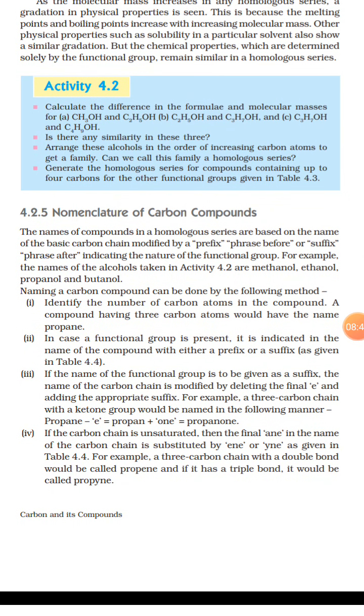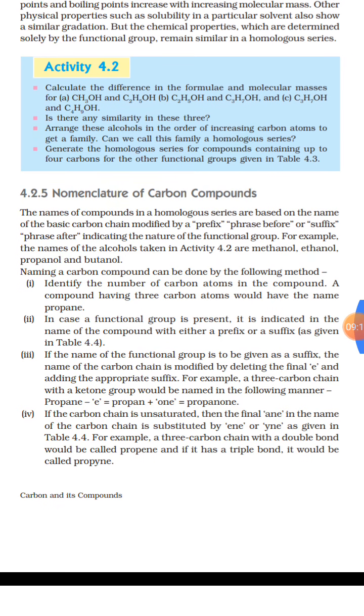Is there any similarity in these three? Students, we can easily say yes, there is. What is the similarity? OH is the functional group which is similar. Arrange these alcohols in order of increasing carbon atoms to get a family. Can we call this family a homologous series?